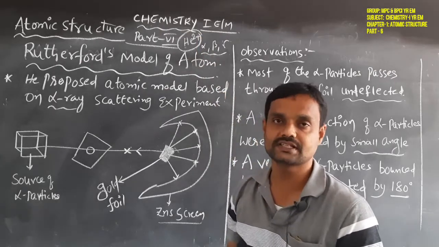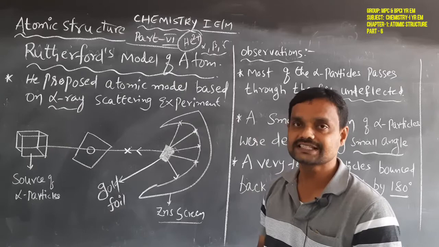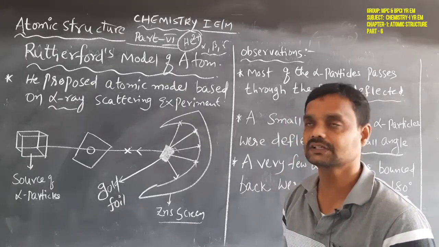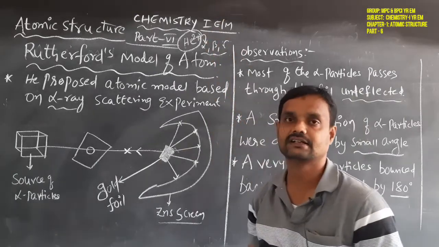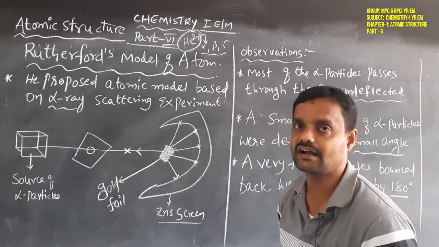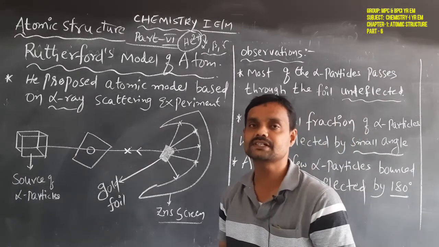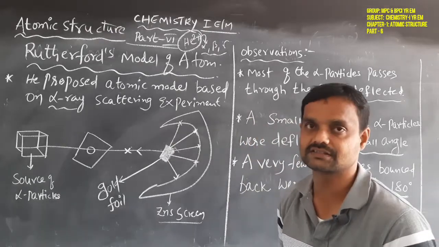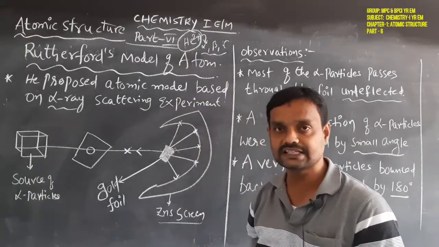Helium 2 plus means the helium atom, when it loses its 2 electrons, then that helium nucleus acts as an alpha particle. That is called an alpha particle, possessing a positive charged nucleus.